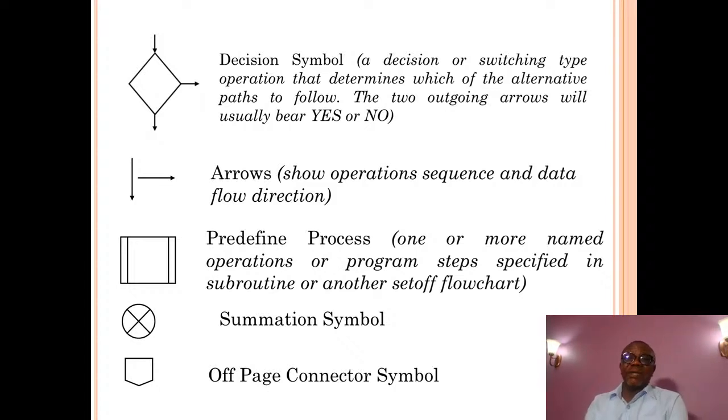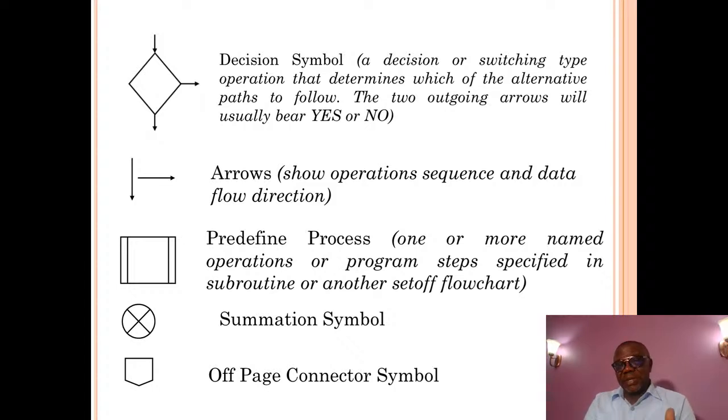The 2 outgoing arrows will usually bear yes or no. Remember, we are dealing with digital systems which make use of zeros and ones. Yes or no, true or false. So one of the outgoing arrows must be when the decision is yes, and the other when the decision is no.